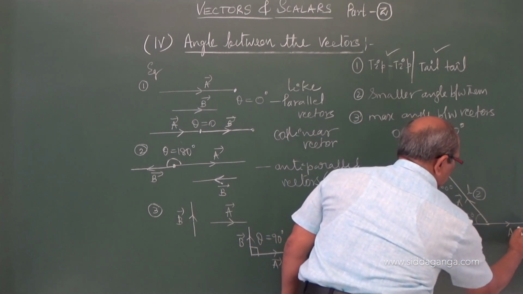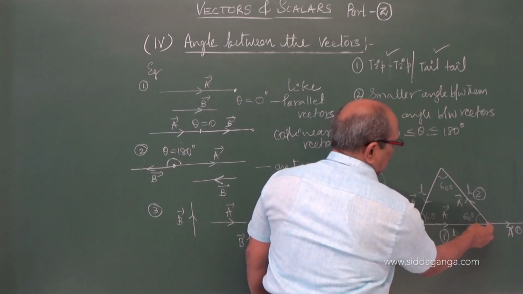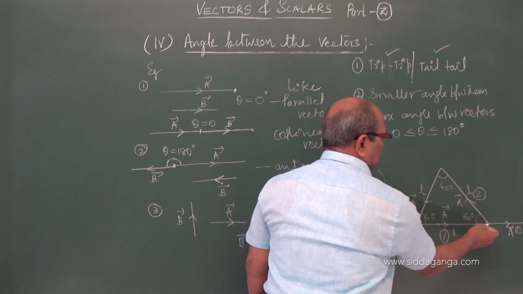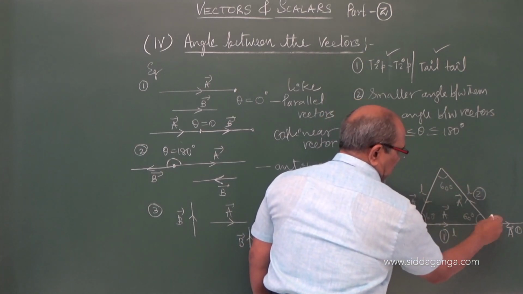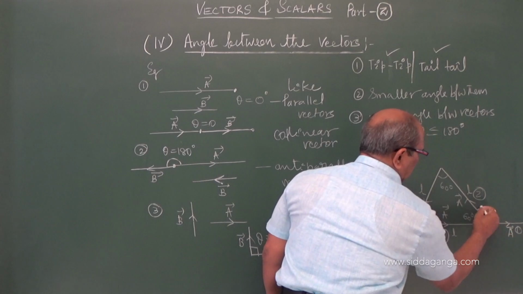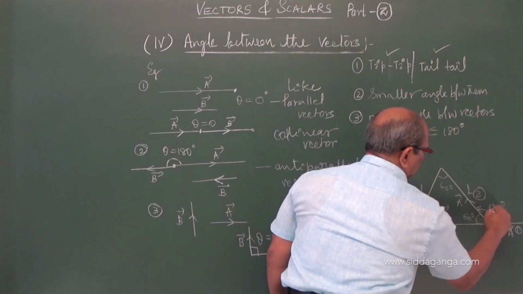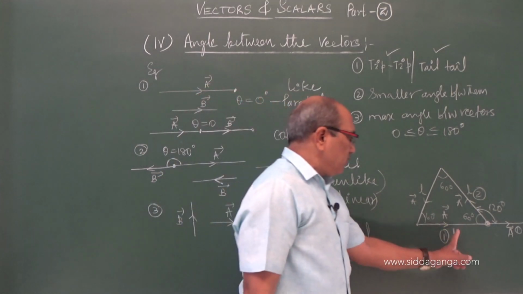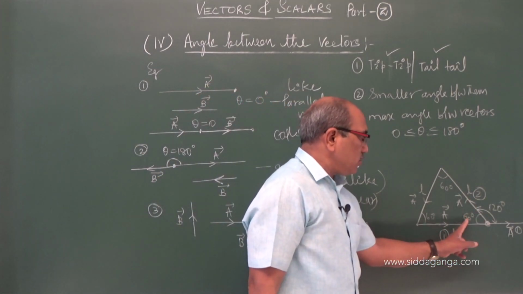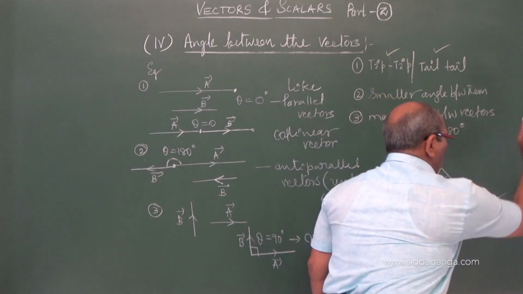Now this is the vector A1, and this is the tail of the second, tail of the first. Now the measured angle is 120 degree, because 120 plus 60 becomes 180. What is the angle between the first and second vector? Not 60 degree, but the right answer is 120 degree.